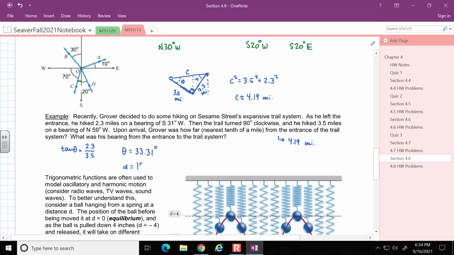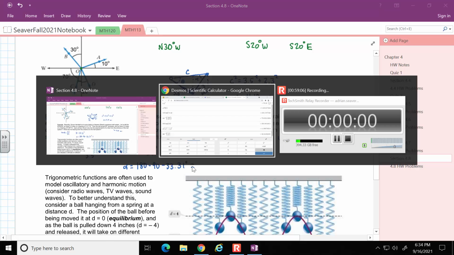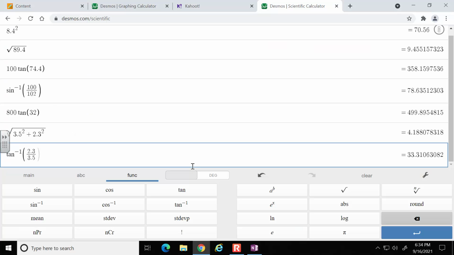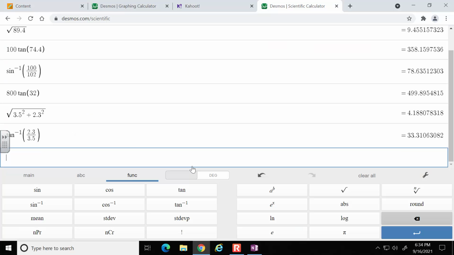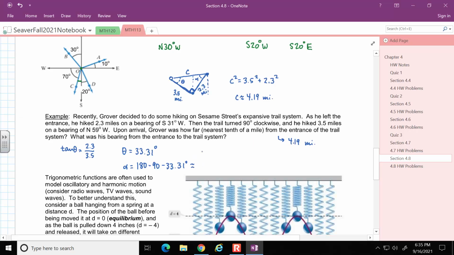So I would say 180 minus 90 minus 33.31 degrees. That's going to give me that angle. And I get about 56.69 degrees.